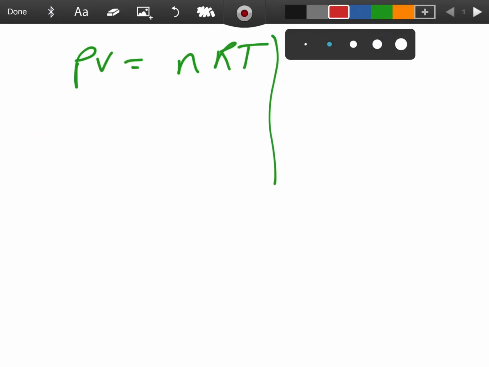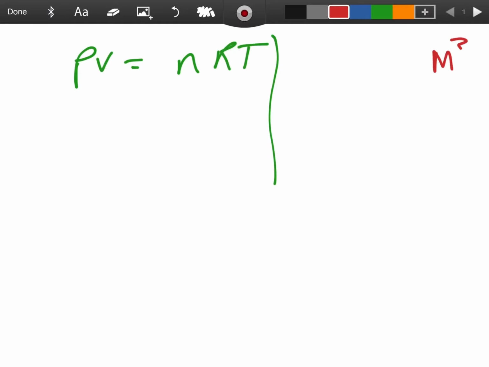Now, for the calculation, we're going to use PV equals nRT. But remember, the hardest part of this formula is that you need to fill in the quantities in certain units. So you have to have volume in metres cubed, okay? Now, if you're given volume in centimetres cubed, you have to multiply by 10 to the minus 6.